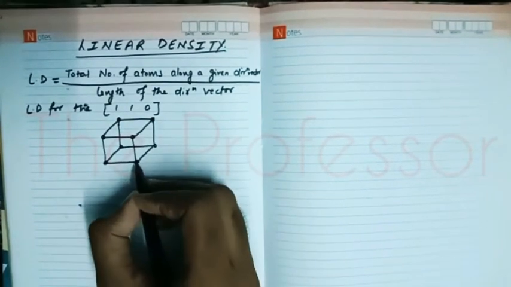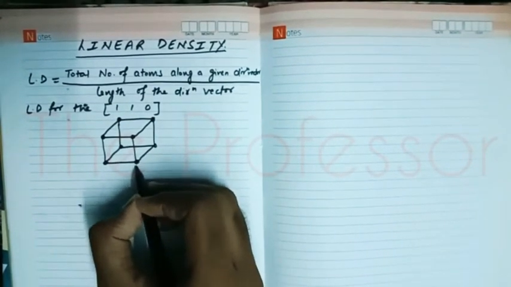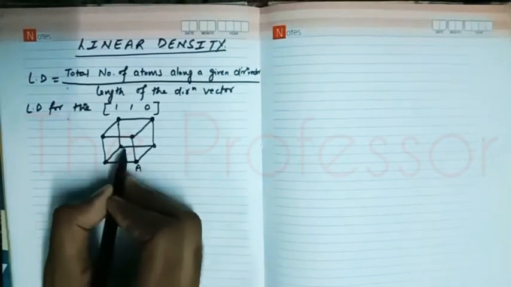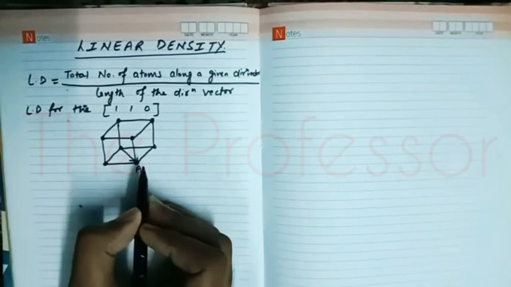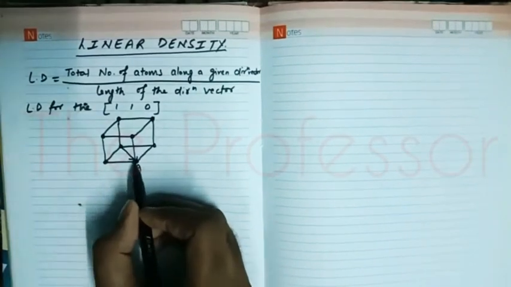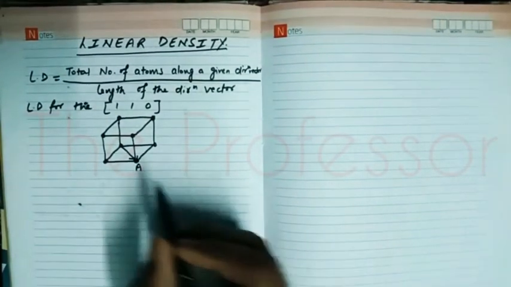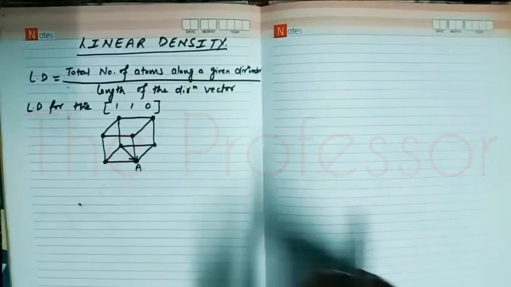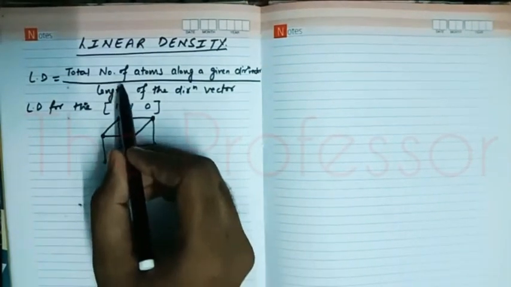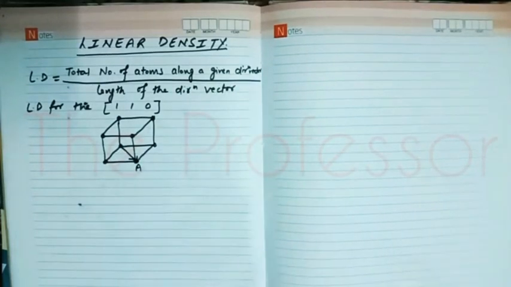This direction vector lies here, right? This is the direction vector which we are talking about. Let us join the origin with this point. We have to calculate the linear density for this direction vector. So first of all, let us calculate the number of atoms along this direction vector.